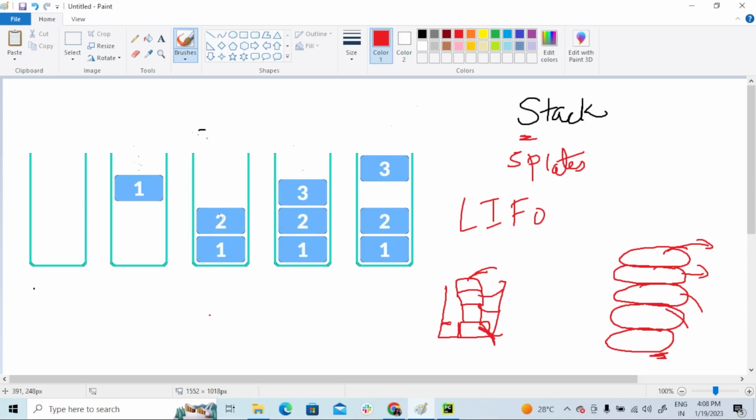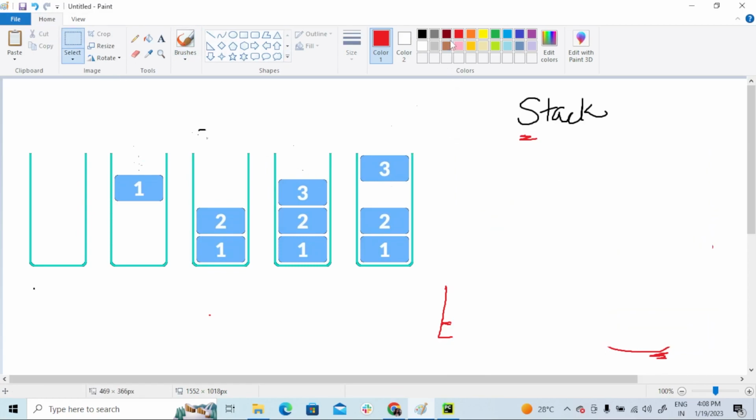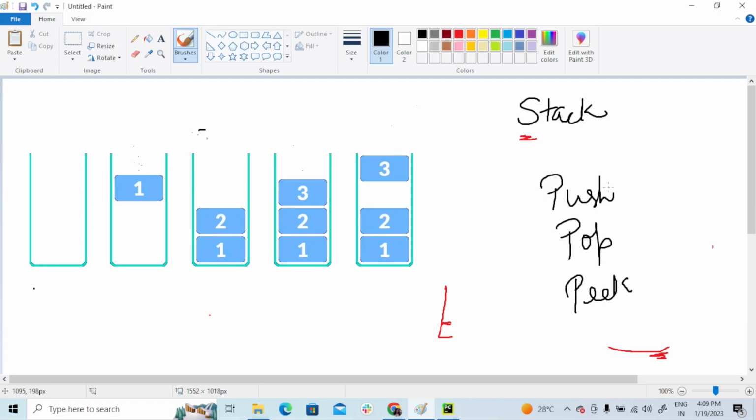Now I'm going to talk about stack operations. The first one is push, the second one is pop, and the last one is peek. Push, pop, peek, these are the 3 operations in stack. Among these 3, push and pop are very important operations in stack.